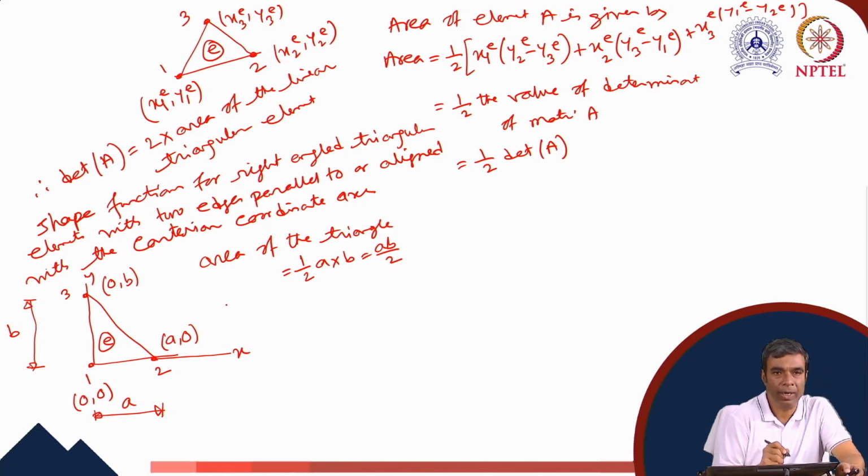From here, we can understand that for this case, the matrix constructed by the coordinates of this element will give us the determinant value of ab.